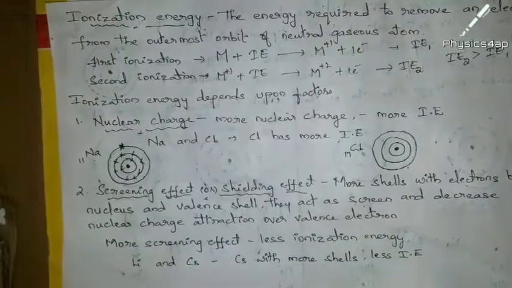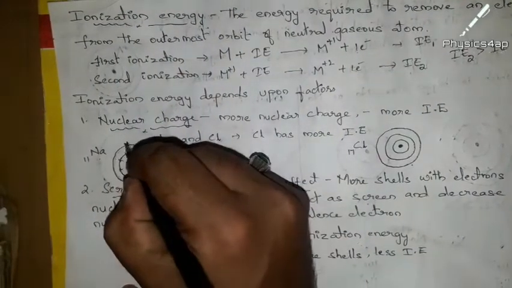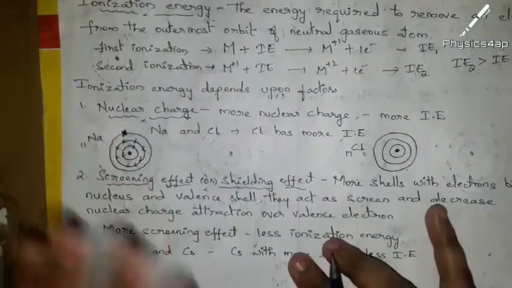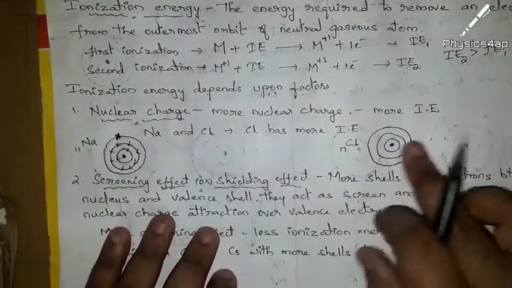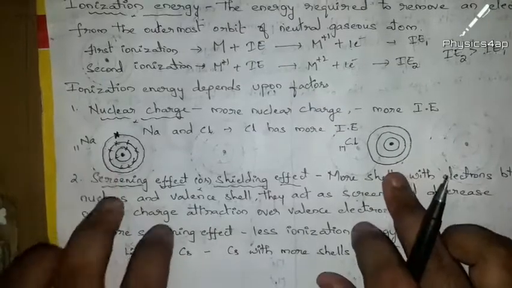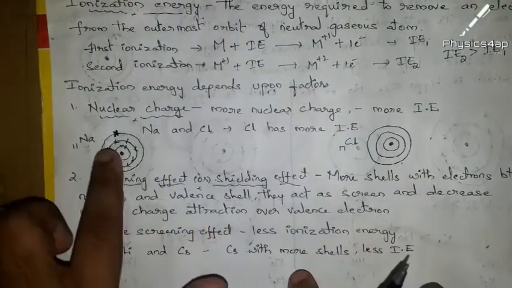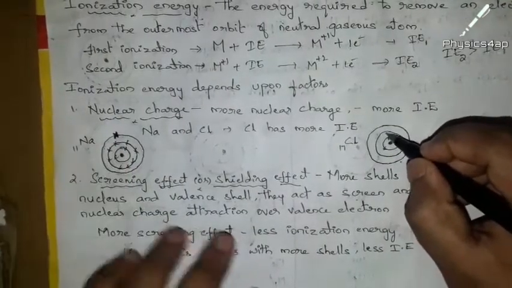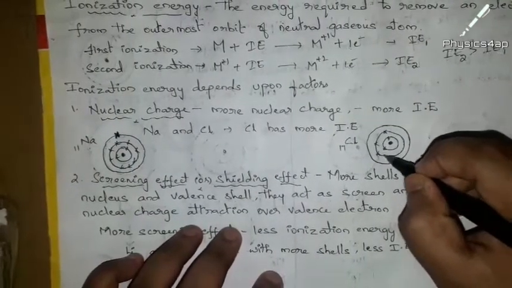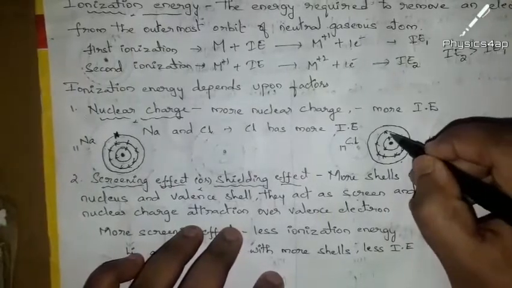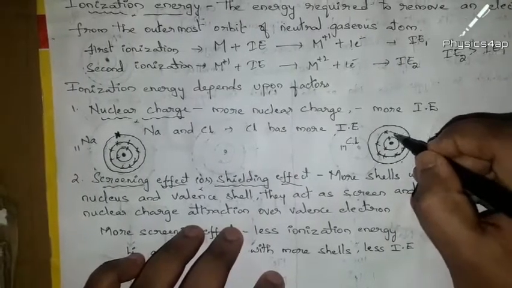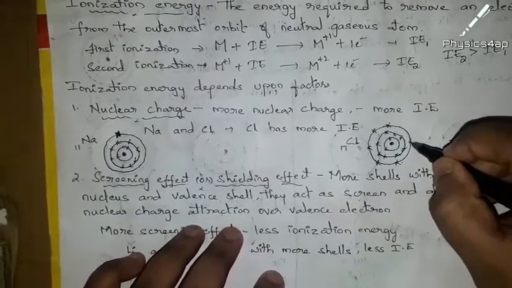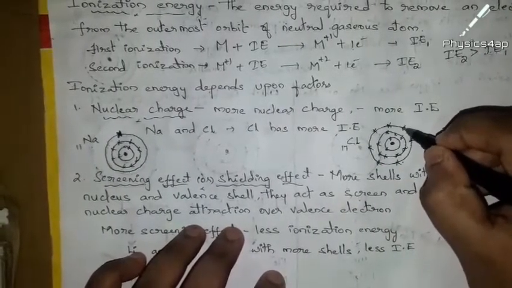Here we have 3 shells, and for chlorine also we have 3 shells. That is, in these 2 cases we have the same number of shells. Now coming to the outermost orbit, for sodium we have only 1, and for chlorine we have 1, 2, 3, 4, 5, 6 and 7. So we have 7 electrons in the outermost orbit of chlorine.